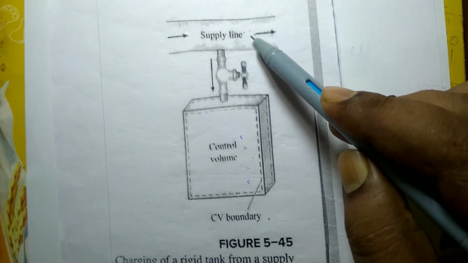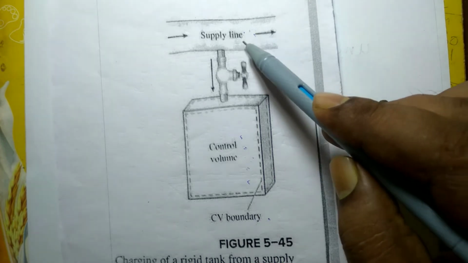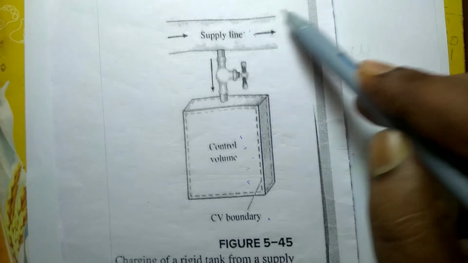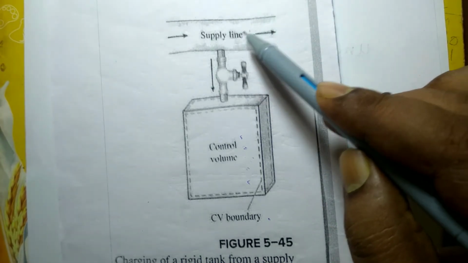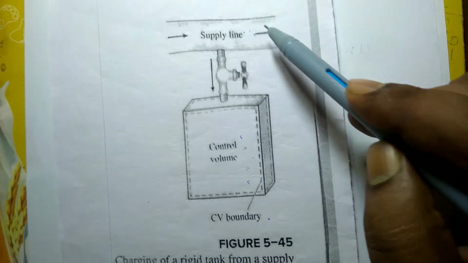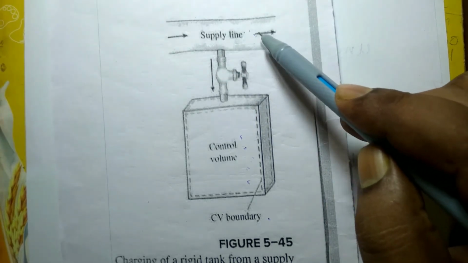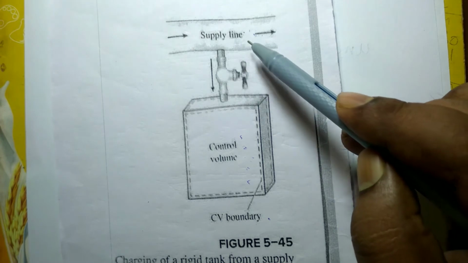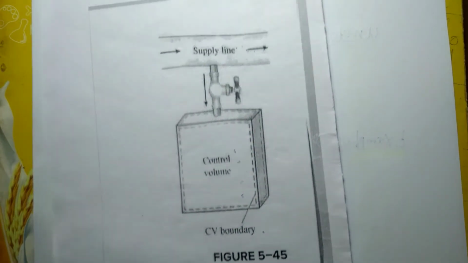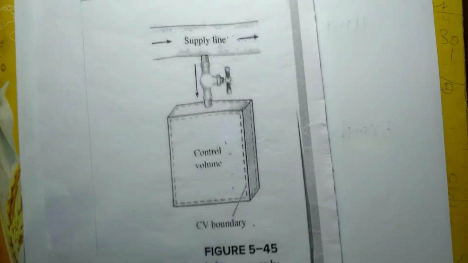Usually it does not change with time, and it can be assumed to be constant because this is a large supply line. There is a large volume of fluid, so we can assume that the properties do not vary with time. So this is an example of unsteady flow process.